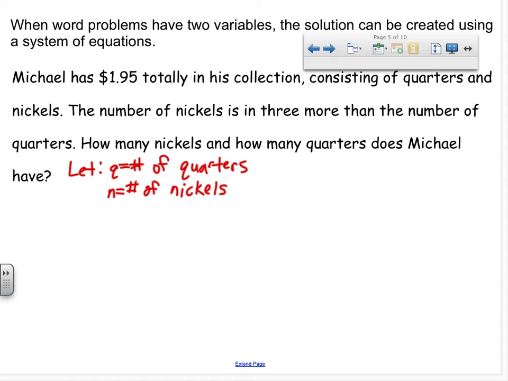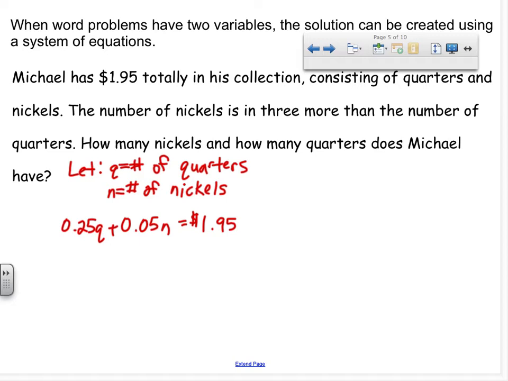The first one I'm going to create is similar to the equation I created before. If I have a total amount of money, I can multiply how much each is worth, so each quarter is worth 25 cents, plus how much each nickel is worth, and that total amount of money is $1.95. So that's one equation, but in order for me to find out what N and Q are, I need another equation to work with.